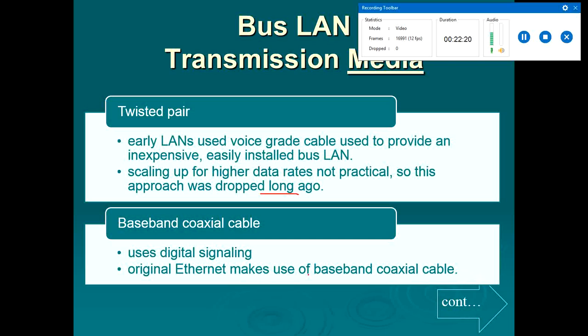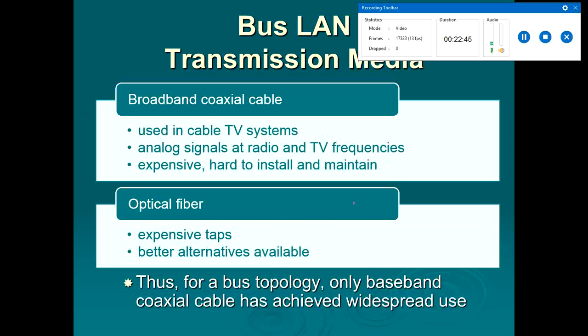Whereas in broadband transmission, multiple signals are sent on multiple frequencies simultaneously using a single channel, and multiple channels can be created by using frequency multiplexing. So these are the types of cables we can use in the bus topology.